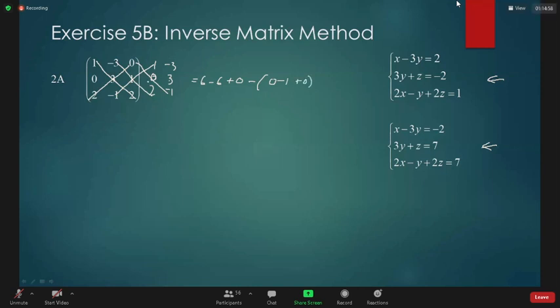So in principle, we see it's 0 minus negative 1. The determinant of this matrix is 1. So that's good because that won't give us any problems now. The determinant 1, divided by 1, will be in front of the cofactor matrix. That's not a big problem.